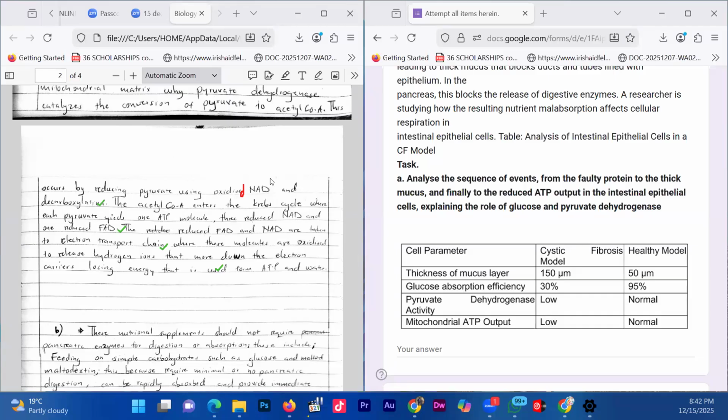Then, secondly, in case a female has cystic fibrosis, remember we mentioned earlier on that cystic fibrosis causes accumulation of sodium ions in a cell. In addition to sodium ions, there are also other ions within the cells. These other ions could be hydrogen ions.